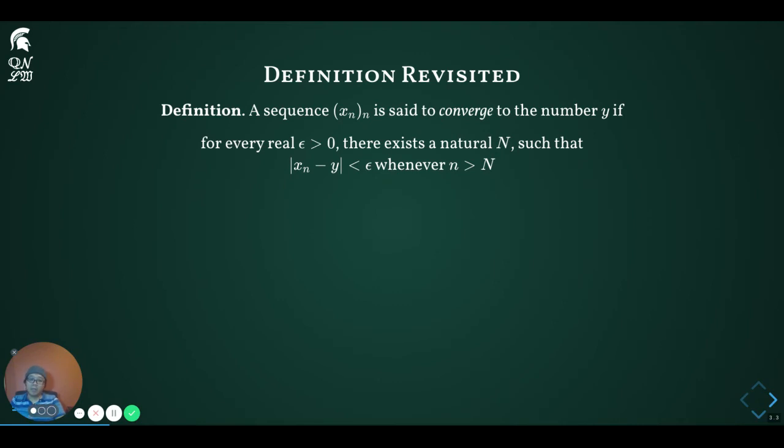Coming back to the end of the second line, we see the variable capital N. This is a measure of how far along the sequence we need to go. How do we know that? We look at other places where the variable capital N appears. It appears again at the end of the third line, where we see small n is greater than big N. Now, small n appears in the beginning of the third line as part of the notation x sub n, so we understand that small n is referring to the index of a sequence.